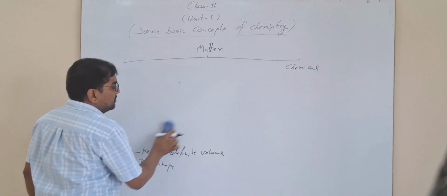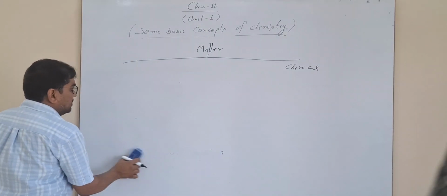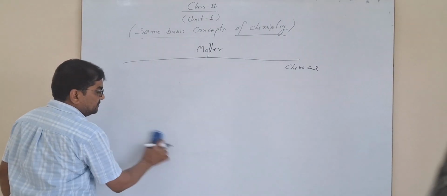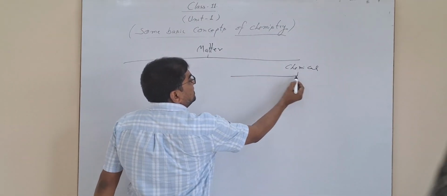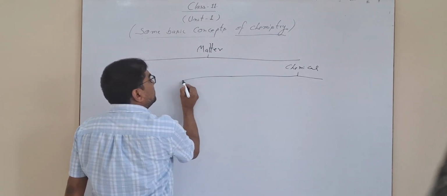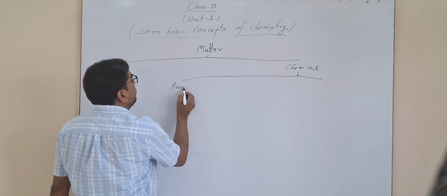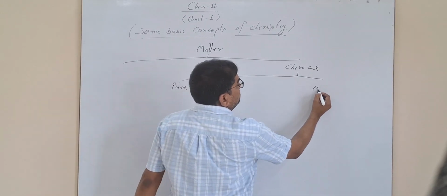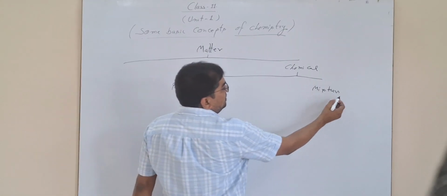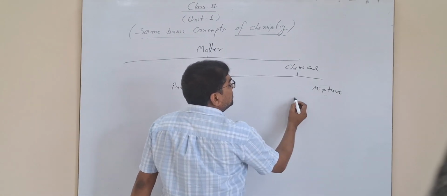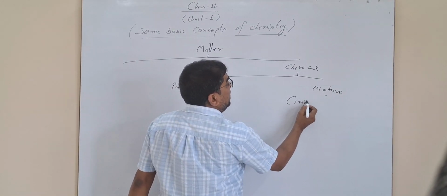we will discuss chemical classification. Under chemical classification, matter is classified into pure form and mixture. It's clear from the name, mixture is impure by nature.